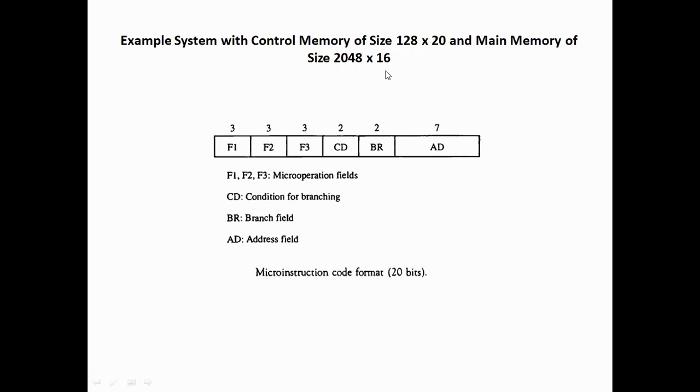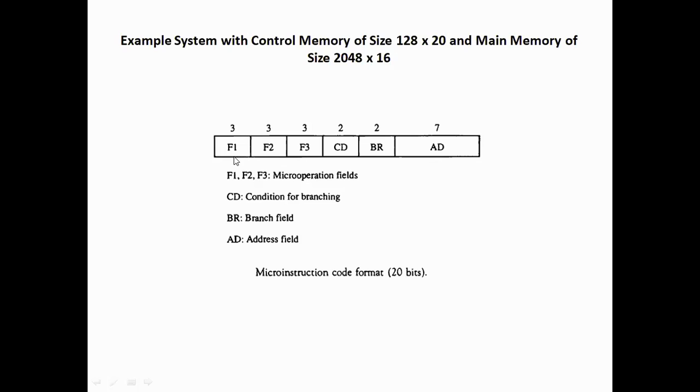That means in the main memory one word is 16 bits, and this is the total number of words that may be in main memory. And if this is the control memory, that means there are 20 bits in one word of control memory, which is called the control word, which is the micro instruction. So we draw it like this. These are the 20 bits of a control word, that is, the 20 bits of a micro instruction.